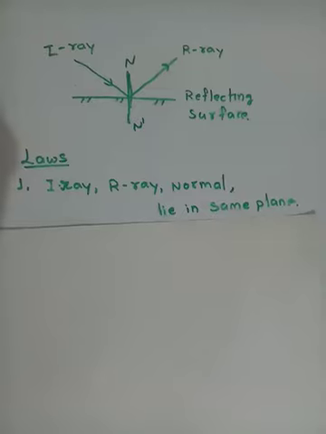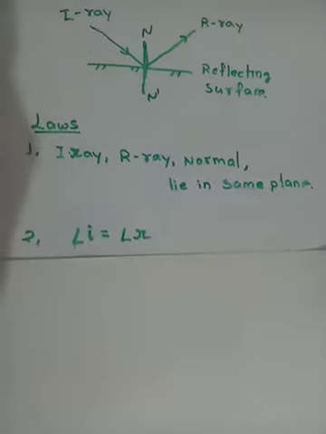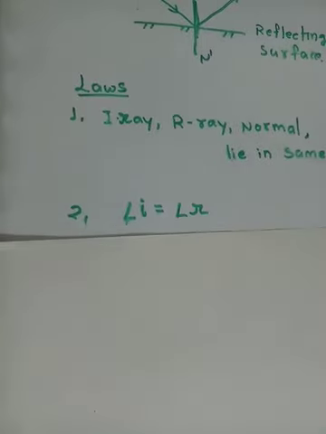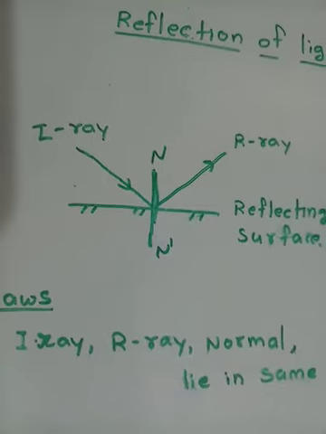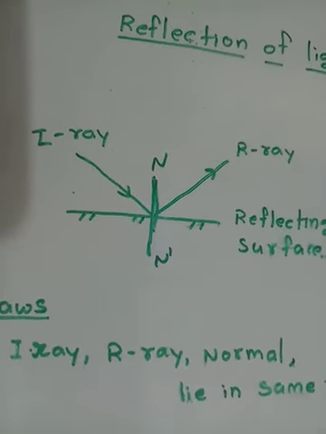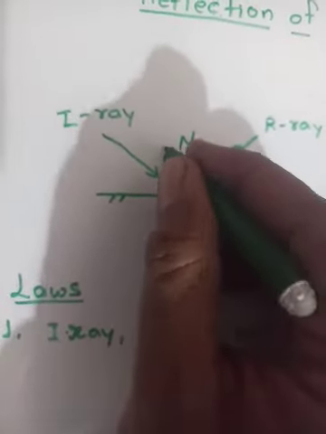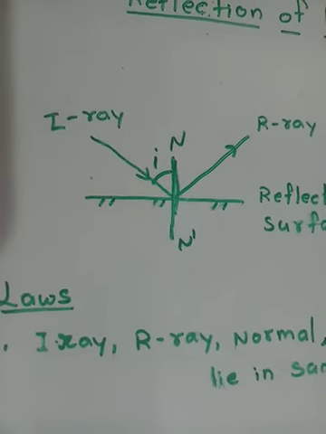What is the second law? The second law says that angle i is equal to angle r. Now, what are angle i and angle r? Coming back to the diagram, you can see the incident ray and the normal. The angle I am drawing now is angle i, the angle of incidence.